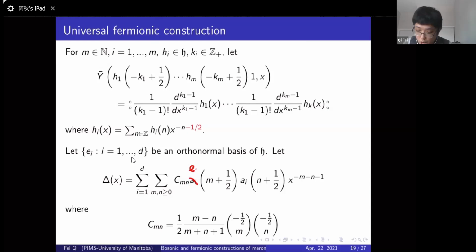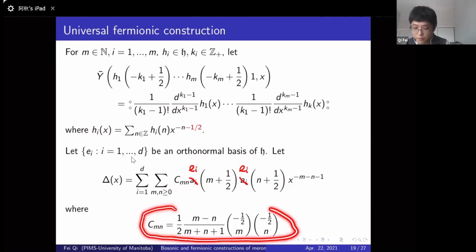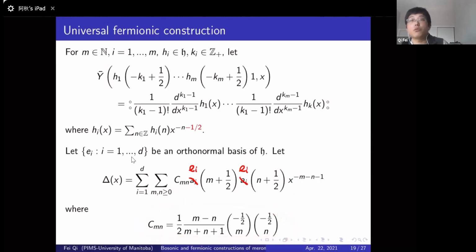I think this should be EI, and this should be EI over here. So we can construct the following quadratic operator, and then times the CNN, and then you organize them all together with the power x to the minus n minus 1, and the CNN is determined by this formula. Okay, so this is the definition for the delta x.